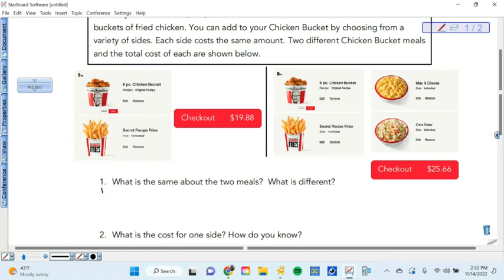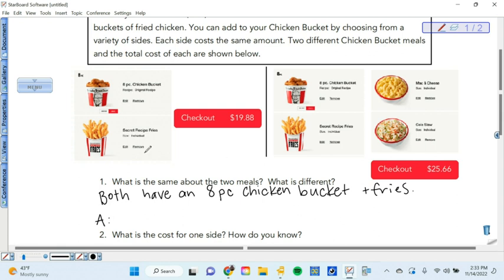Yes, they both have an 8-piece chicken bucket, and fries. What's different about them? He has mac and cheese.